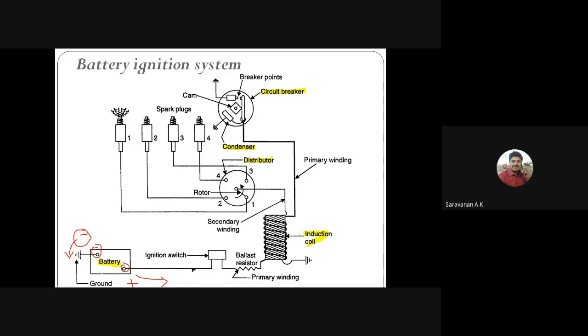In some small engines, like single spark engines, a 6-volt battery may be used, but in most automobiles we use the 12-volt battery. That you have to remember.